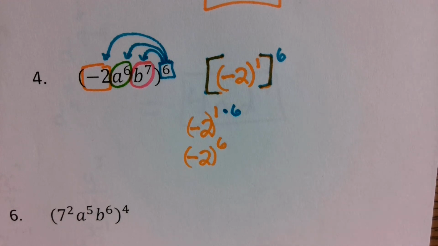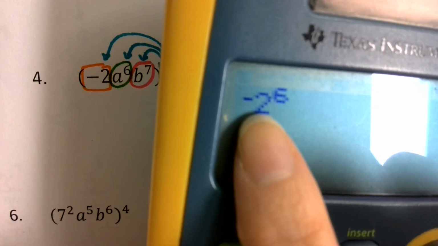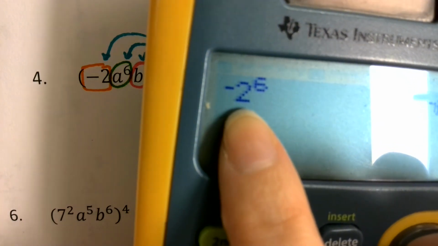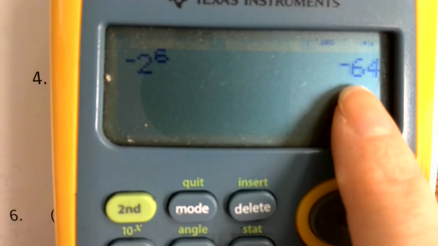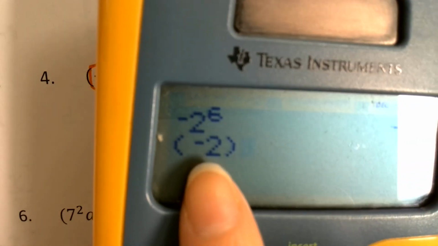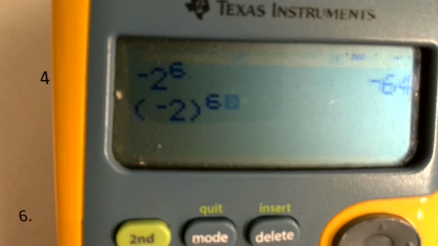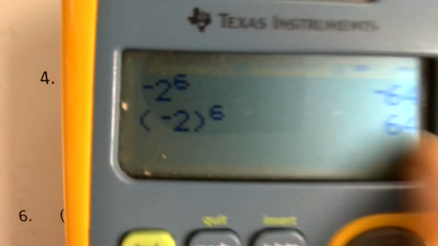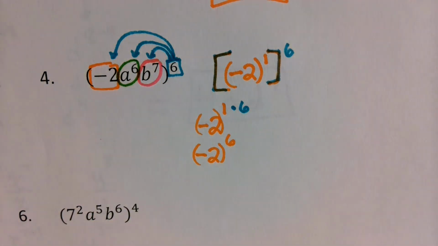Be mindful, guys, that if you don't put parentheses, and here I'll show you, I'm guessing you typed it into the calculator like this. Yeah? So when you do that, it's going to come out to a -64, but you have to include the parentheses around the -2, and then you can put the 6 on the outside, and that comes out to a positive 64. That's going to change your answers.